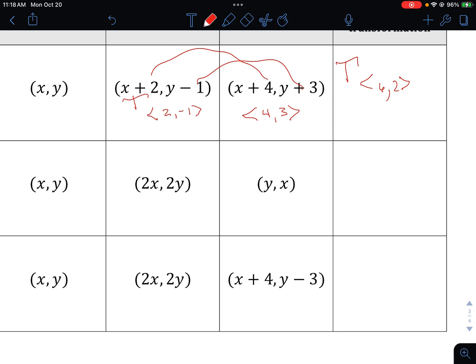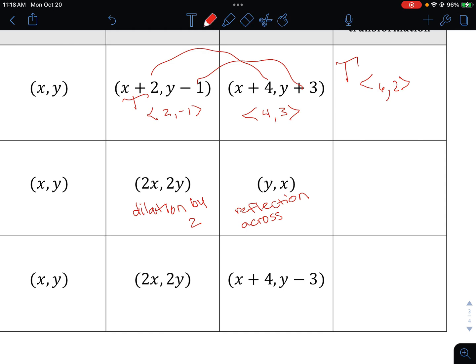On this one, I'm starting with 2x and 2y, right? So this first one is a dilation multiplied by the same number both times, a scale factor of 2. And this is, actually, you guys may not recognize this. We didn't do a whole lot of work with it. So this is a reflection across y equals x.